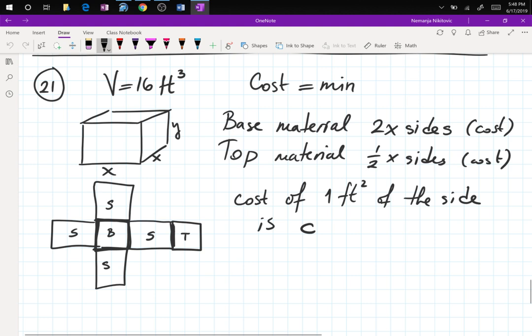It's just a C. So the cost of 1 foot squared is C. I have my X and Y's everywhere, right?